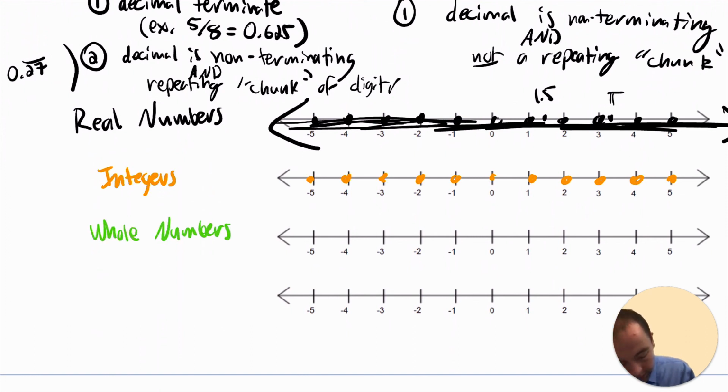So the whole numbers are going to start at 0 and then go on forever, right? Again, no decimals. You can think like whole includes the letter O, which looks like a 0, right? So that can help you remember that whole numbers includes the 0 or starts at 0, right? And then the natural numbers, they start at 1.